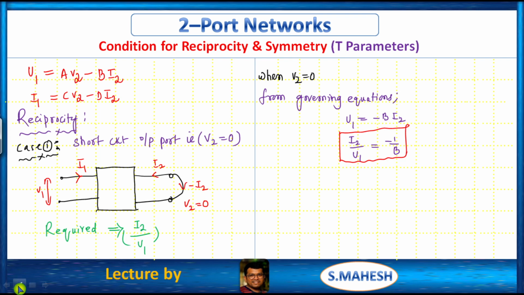Next, case 2. Now we have to discuss case 2. What is case 2? Short circuit input port, that is V1 equals 0. When the input port is short circuited, what is the circuit model?